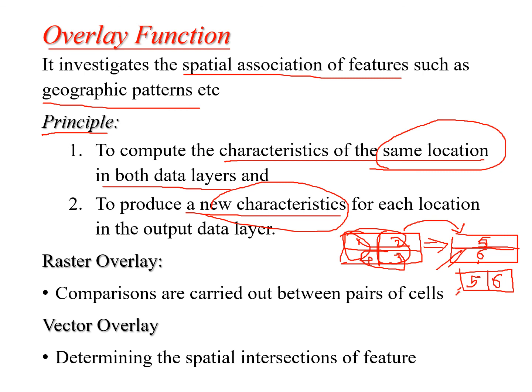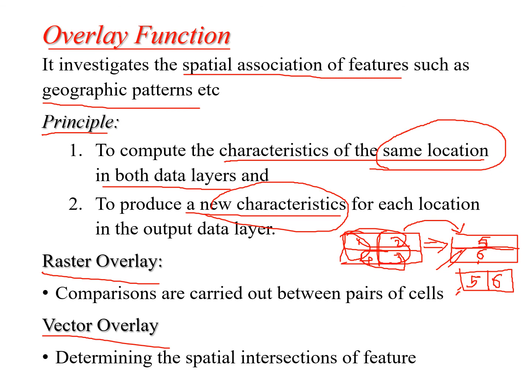Depending on whether the data is raster data or vector data, we have raster overlay analysis or vector overlay analysis. The data which are available are neither all in raster form nor all in vector form. Some of the data is in raster form and some is in vector form.